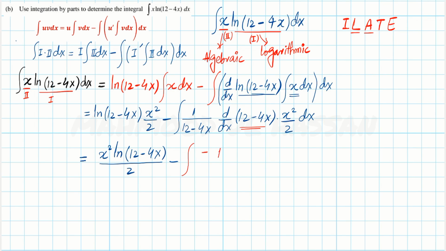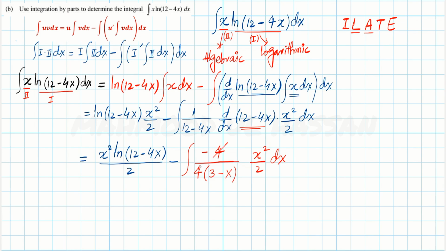So that is minus 4 divided by, taking 4 as a common factor from the denominator, 3 minus x, and then x squared divided by 2 dx.